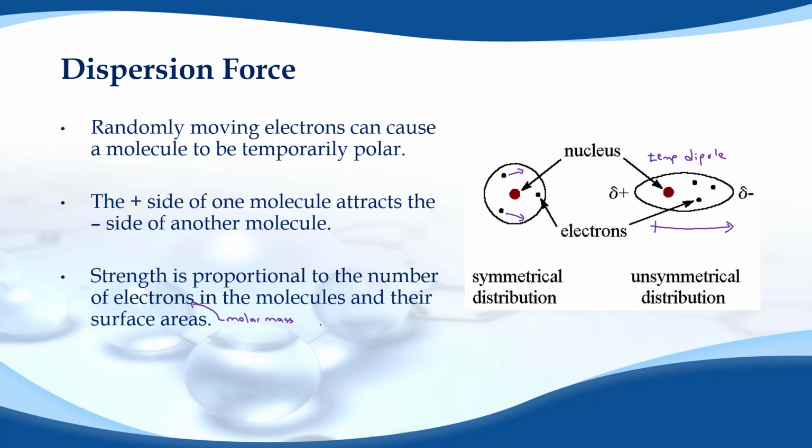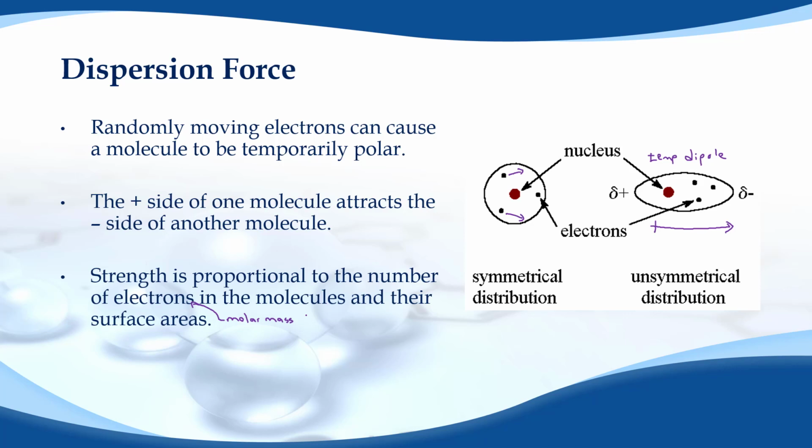We have our stack of dominoes, and the dispersion force is us just toppling it over to create that temporary separation in charge. So one will affect the one next to it, which affects the one next to it, all the way down the line throughout the entire sample. And that will cause the sample to be held together. But these are temporary, so as soon as the electrons move back, this goes away. But samples usually have a large enough number of molecules that some molecules will exhibit dispersion at any given time.